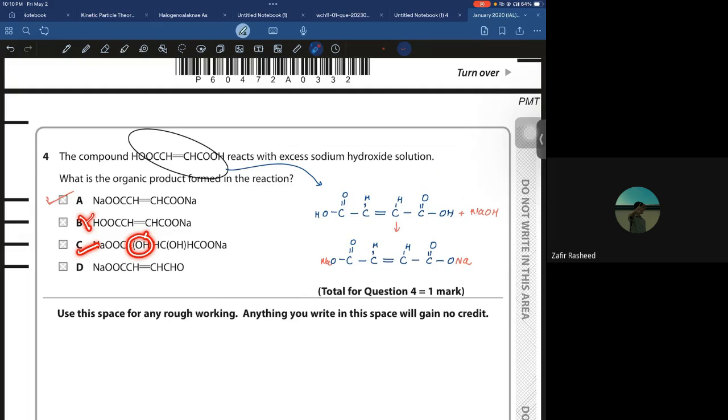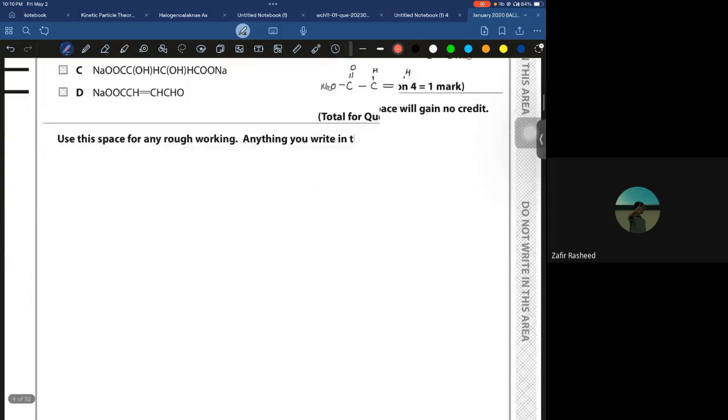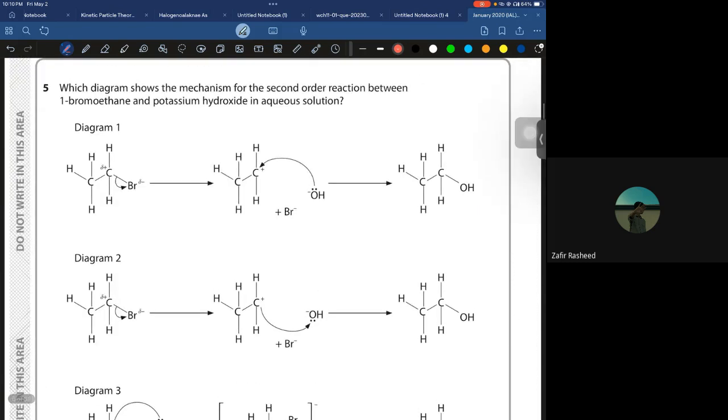This is aldehyde. No, option A is correct because only the acid base reaction is going to take place between this acid and a base. There is only acid base reaction. That's it.